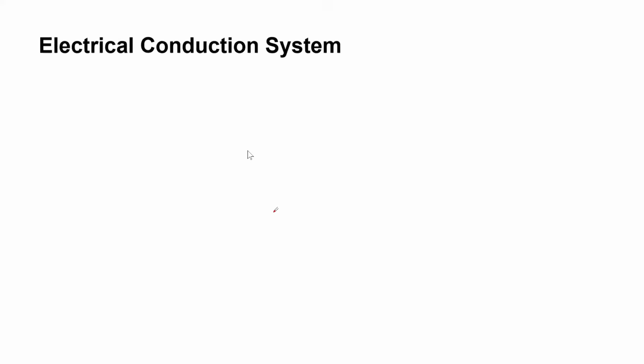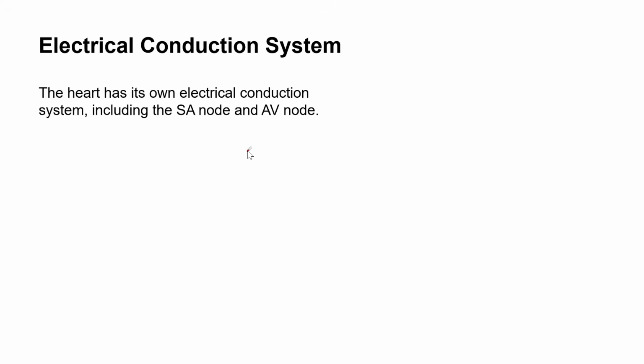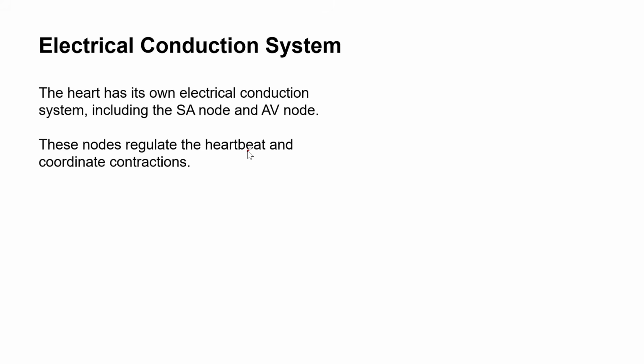The next thing is the electrical conducting system. The heart has its own electrical conducting system. In this electrical conducting system of the heart, we have the SA node and the AV node. So, ladies and gentlemen, in this video, it is more of an introduction to the anatomy, because anatomy is just to give you a highlight on the structure of the organ or living organism.